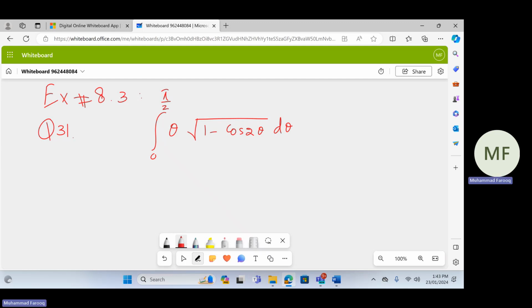But first of all, you have to apply the conjugate to this, and we see what happens with the conjugate.